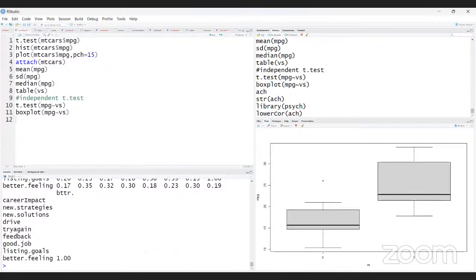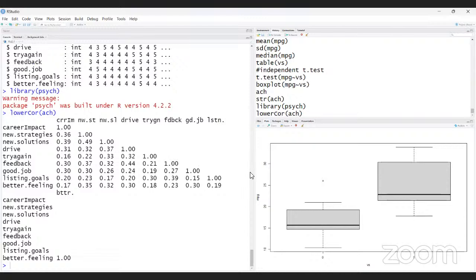So now you can see the data. Is it visible to all of you? Yes, sir. So this is the lower correlation matrix. There is a diagonal line of 1s because it is the correlation with the same variable.